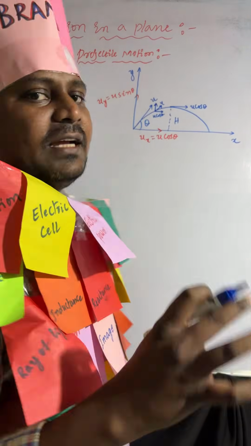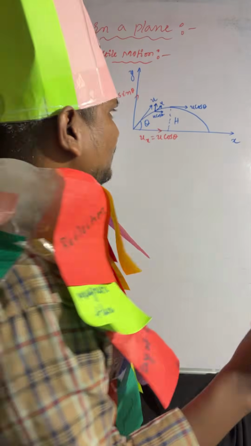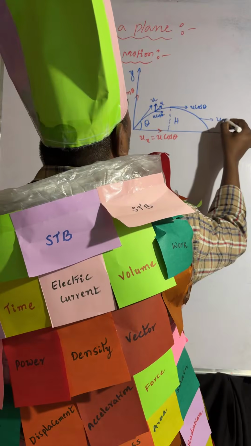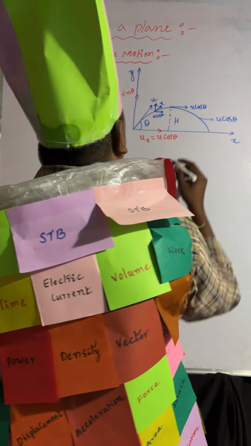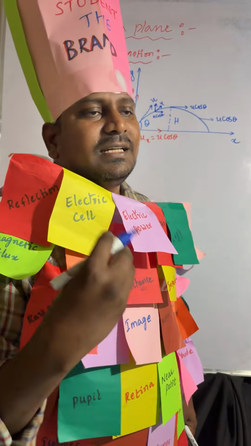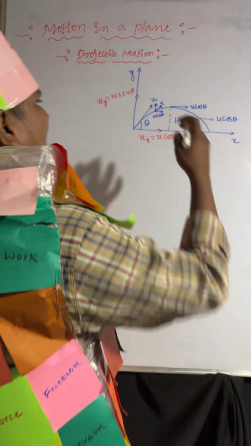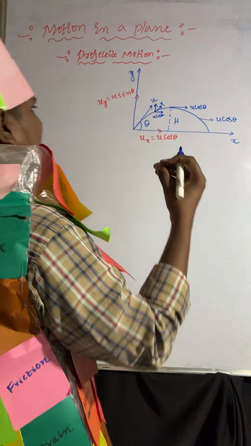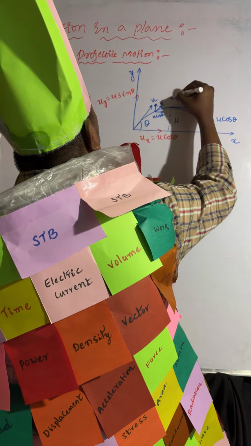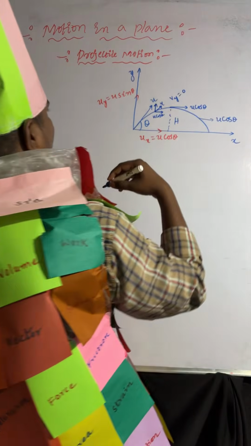Throughout the path, the horizontal component of velocity, u cos theta, is constant. At maximum height, the vertical velocity becomes zero, so we can take Vy equal to 0.